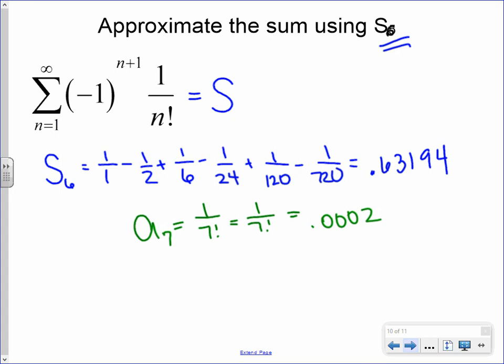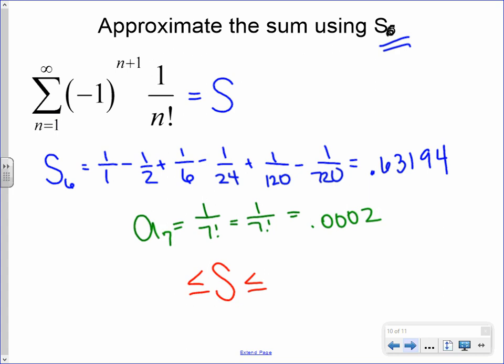Foolish, right? Okay. So what this says is that our sum, when we use the 6th partial sum to calculate it, is off by at most 0.002. That's not bad.